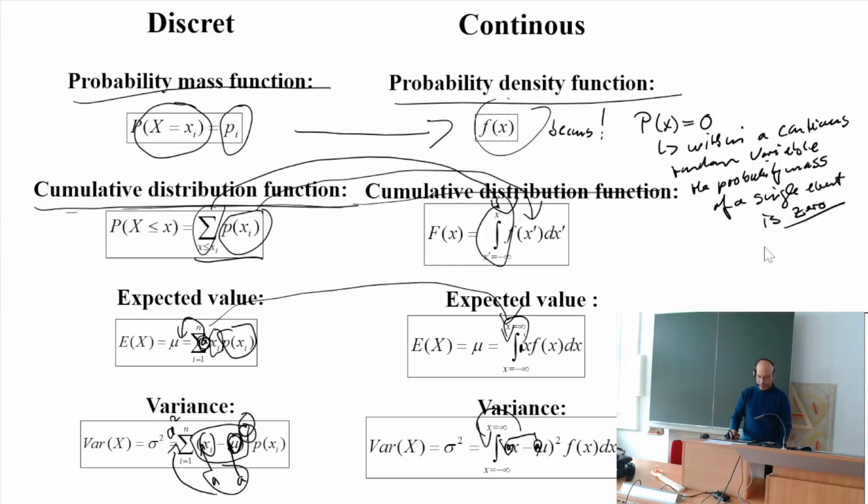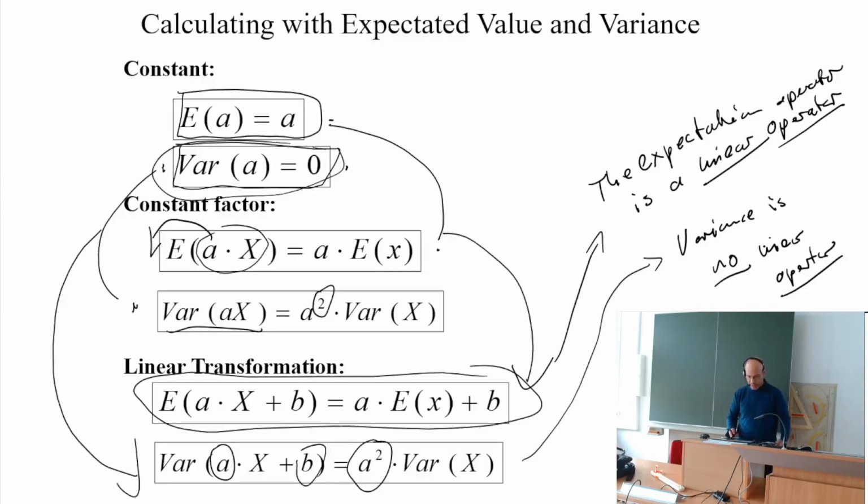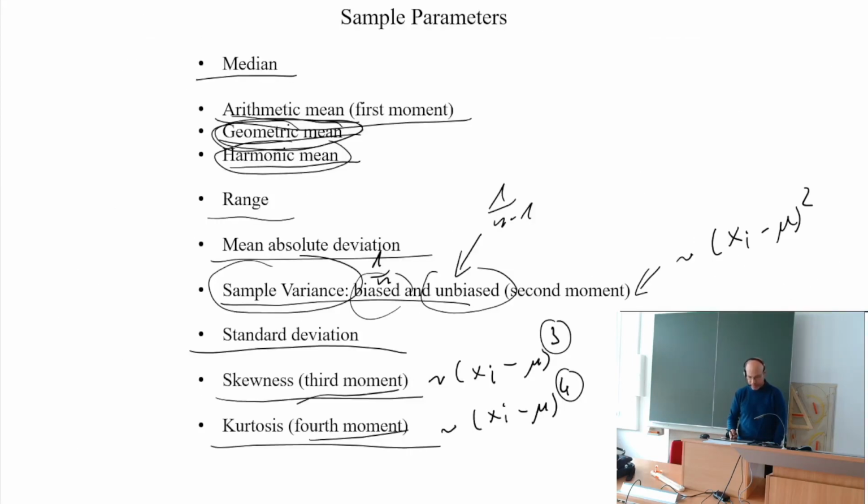In general, we remembered what a cumulative distribution function, expected value, and variance are, and some rules of calculation for variance and expectation value.